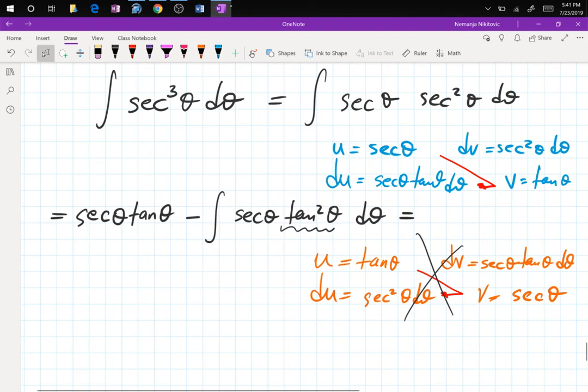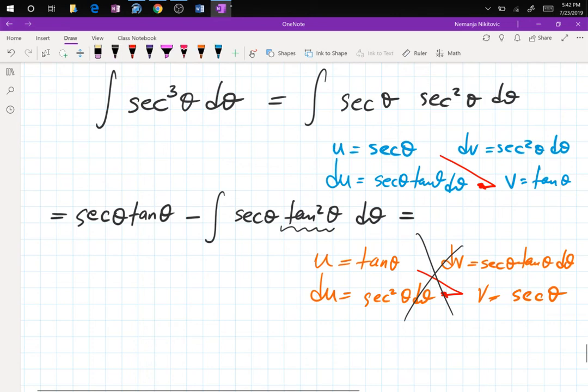So what happened when you hit the dead end, right? You can backtrack and see if you can do something different earlier. Like, is there anything that we could have done earlier in the substitution that could have gone the other way? Can we maybe change this secant into tangents and then multiply and then deal with the remaining integrals that way?